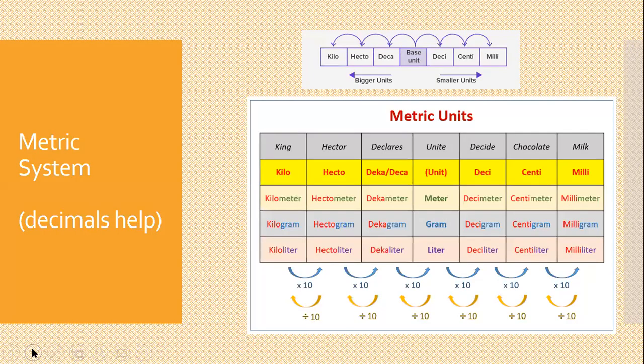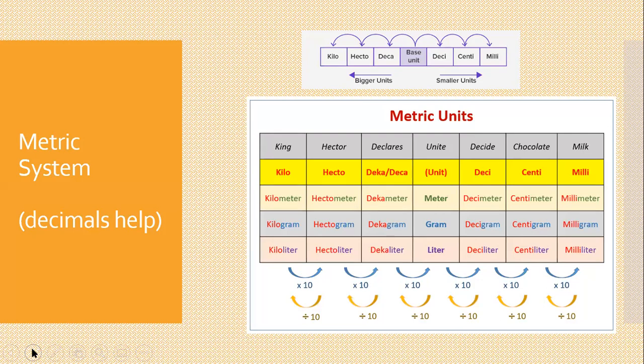Now we had also spoken about the metric units in the Excel class, and I'm sure now you understand that from the base unit, you have increments of times 10. If you take the base unit of gram, then decagram is 10 grams, hectogram is 100 grams, that is 10 into 10 grams, and kilogram is 1000 grams, which is 10 into 10 into 10 grams. Now on the right side, the smaller units are deci, centi and milli.